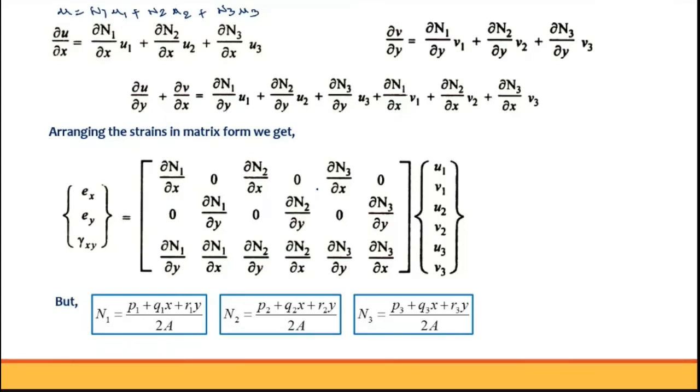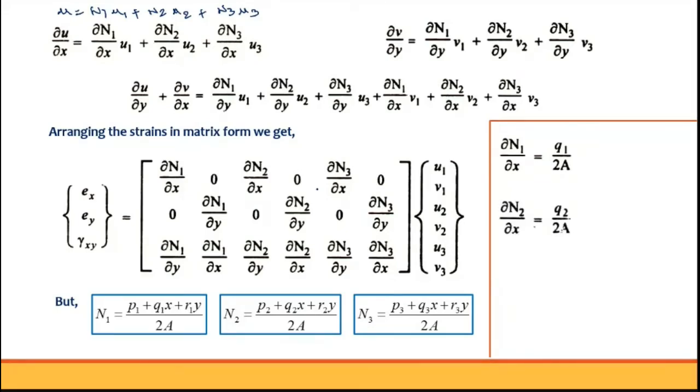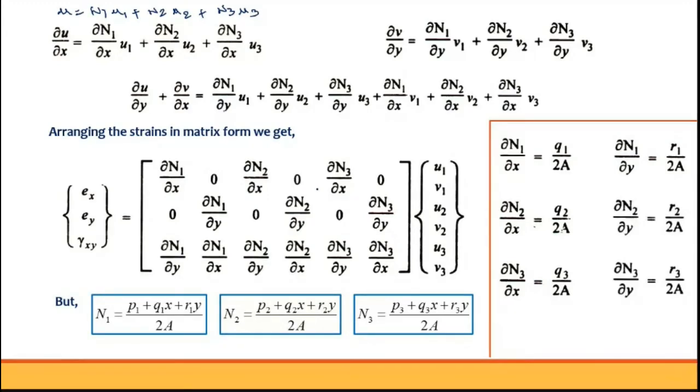Differentiating n1 with respect to x, I'll get just q1 by 2a. n2 with respect to x, q2 by 2a. n3, q3 by 2a. Differentiating with respect to y, r1 by 2a, r2 by 2a, and r3 by 2a. Right? You can substitute these things.